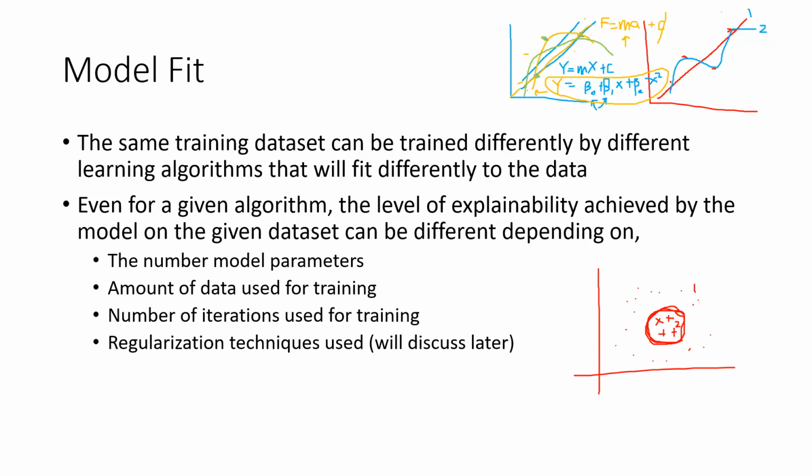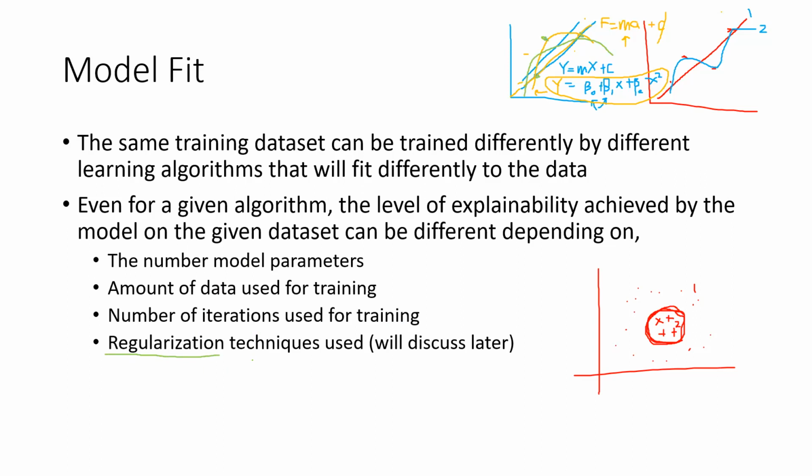So we may want to use this stopping algorithm, stopping early, when it comes to iterative training algorithms like gradient descent. The number of iterations used for training also matters for the level of fitting to the data set. There's another technique called regularization, which we are going to discuss.